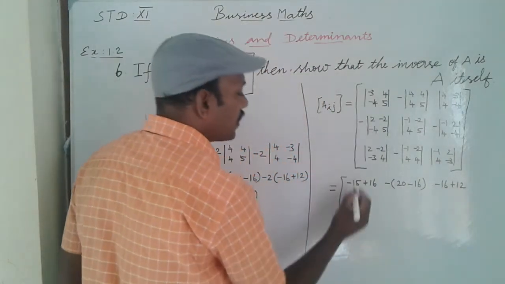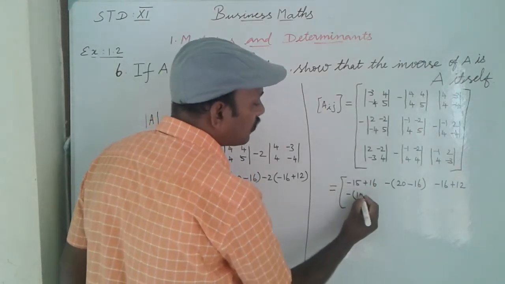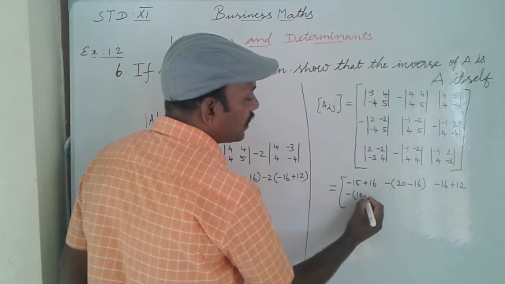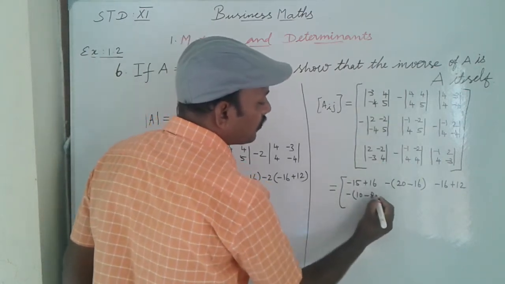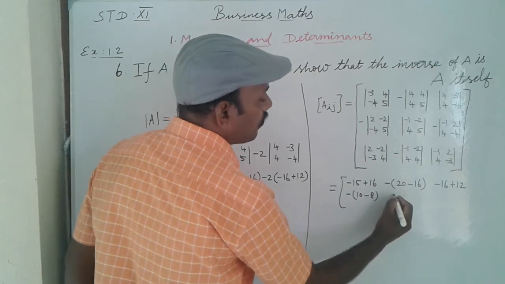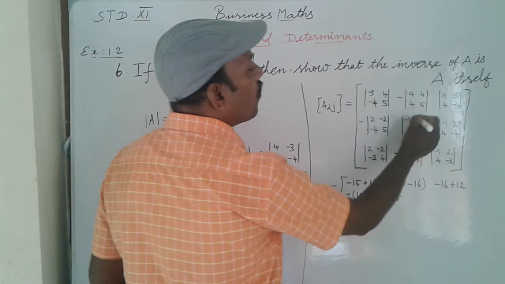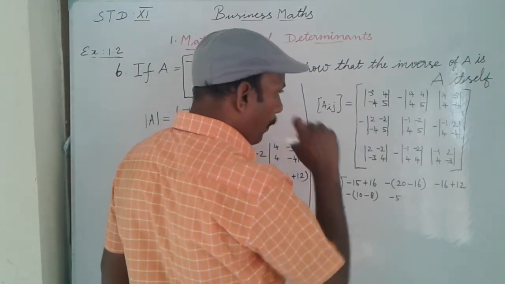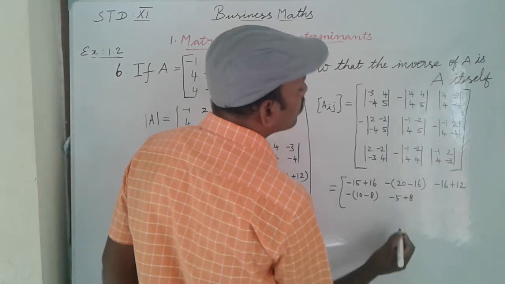Next, minus is the symbol. 2 5s are 10. Minus is the symbol. Minus into minus is plus, 4 2s are 8. Minus 1 into 5 is minus 5. 4 into minus 2 is minus 8. Minus into minus is plus 8.